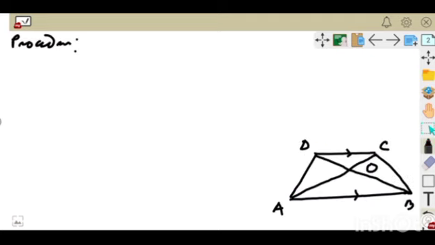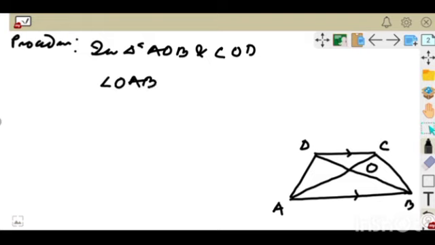I'll write here in triangles. The first one is AOB. AOB. And what is the next triangle? COD. COD. First I'll write angle OAB. This is OAB. Will be equal to what?